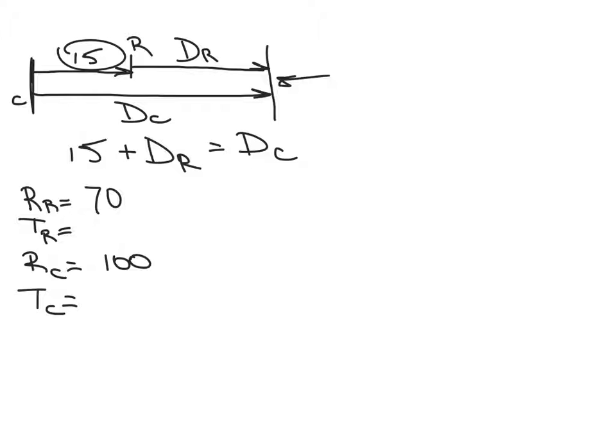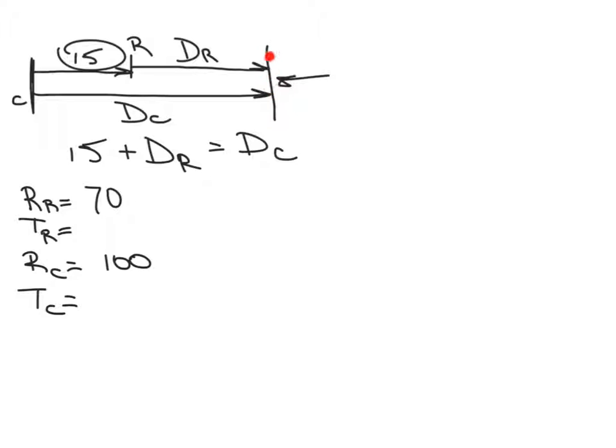And let's see, what do we know about the time? Well, the time is going to be the same, right? Rachel starts here, Charlene starts there. That's where we're going to start with our time. We don't care when she got 15 kilometers ahead. All we care about is the time from when Charlene started and how long it took her to get there.